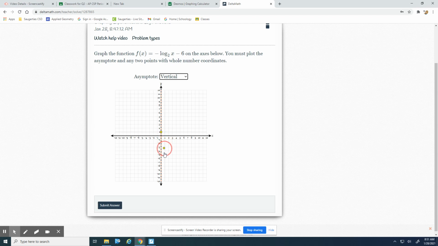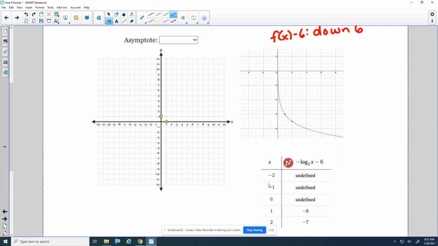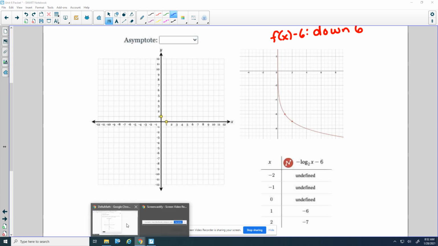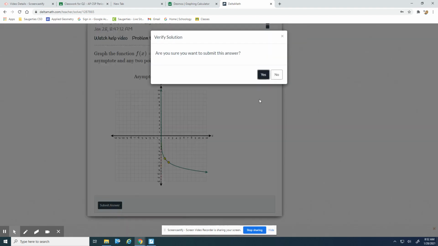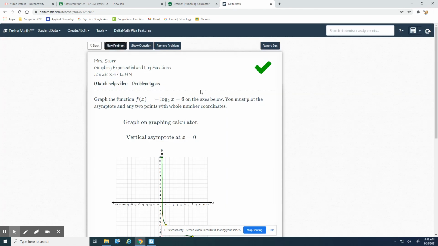So we have (1, -6), and (2, -7). And if I look at my Desmos graph, which I have in the packet, that looks right. So once I get that, I have those points, I put my asymptote in the correct spot, I just click submit answer, and I do that problem.